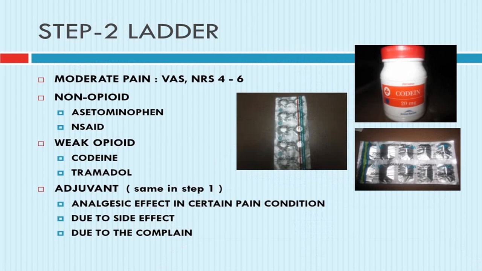This is step 2, where in a moderate pain, non-opioid, that is paracetamol, NSAID, not controlled, codeine, tramadol, and along with that, you can use adjuvant therapy. If you can't use these drugs, you use the adjuvant therapy.